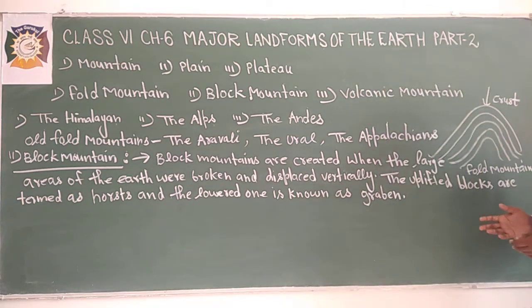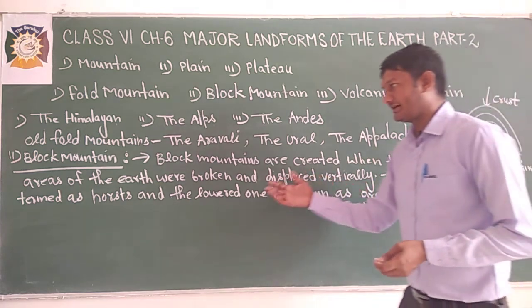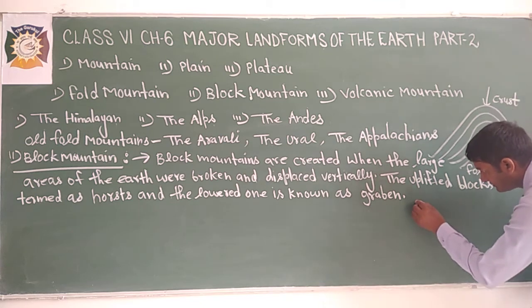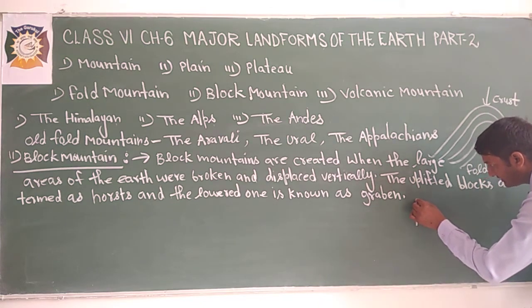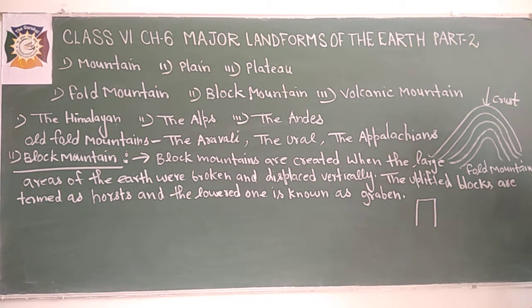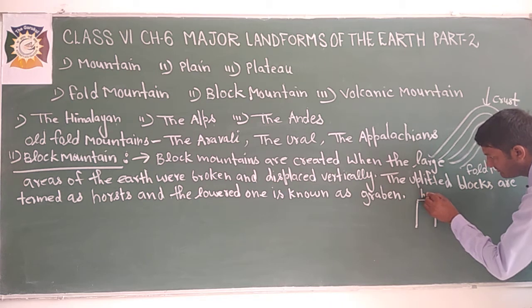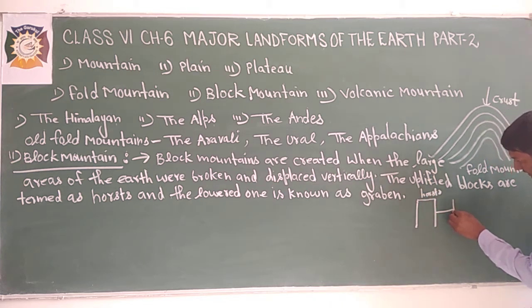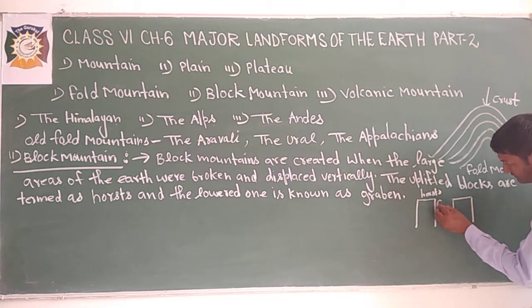Now I will make a diagram. With the help of this picture diagram, you will understand in a better way. Let's see. Suppose this is a large area of the earth, and this large area was displaced. After displacing, as I told you, the upper, lifted one is termed as the horst, and the lowered areas are known as graben.